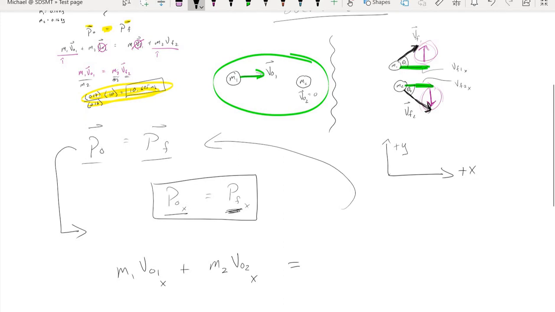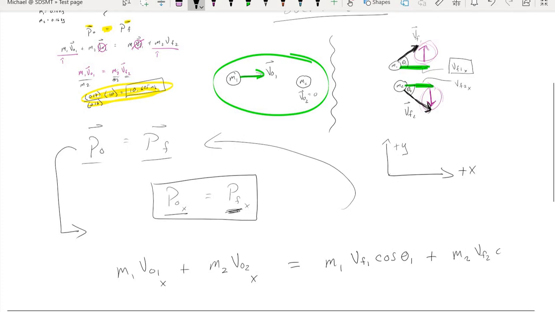After the collision, we have in the x direction mass 1 traveling with v final 1 cosine theta 1. That provides us with the x component of the final velocity for mass 1, plus mass 2 times v final 2 cosine theta 2.